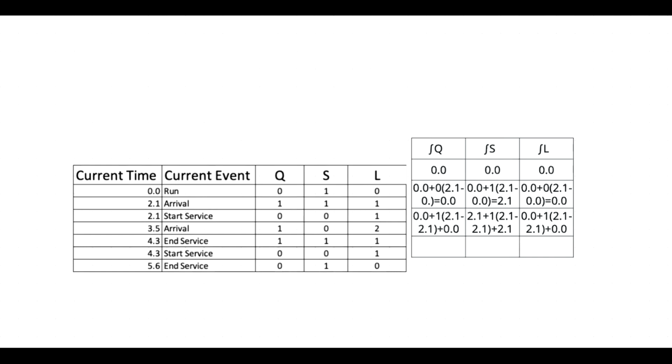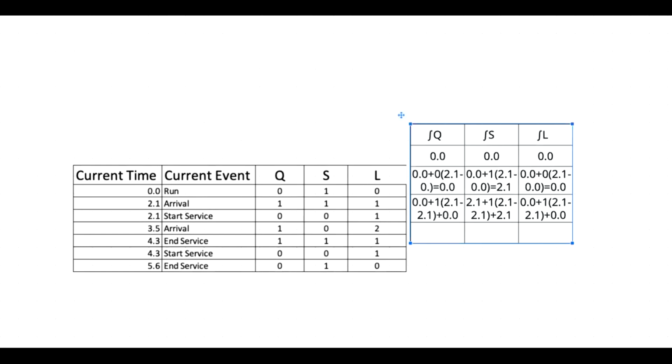Now let's roll things to the next arrival, when it starts to get a little interesting. For Q, we have the previous sum plus the previous value, which is 0, times 3.5 minus 2.1, and that's still 0. We're spinning on that, but that's okay.